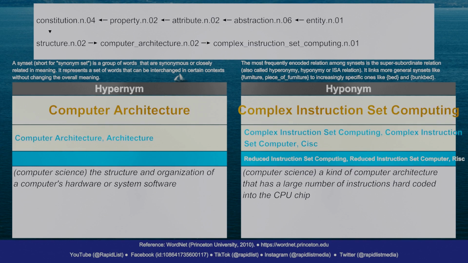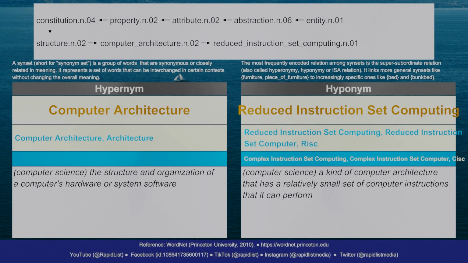Complex instruction set computing. Computer science, a kind of computer architecture that has a large number of instructions hard-coded into the CPU chip. Reduced instruction set computing.